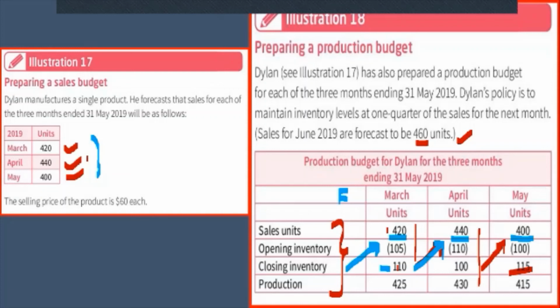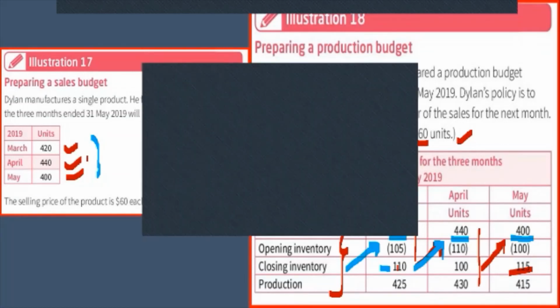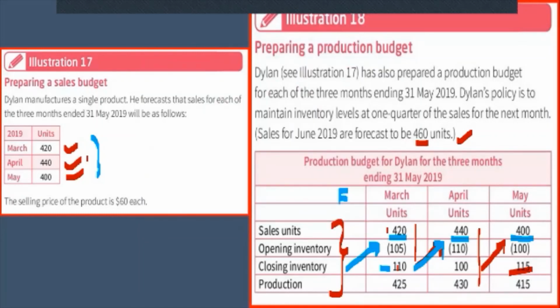So we're going to produce 425 for March and 430 in April, and then we're going to add this column down here. So the 100 will go over here. And the 115, as we saw, would be next month, 115, and then we will get 415 for production there when we add the column down.